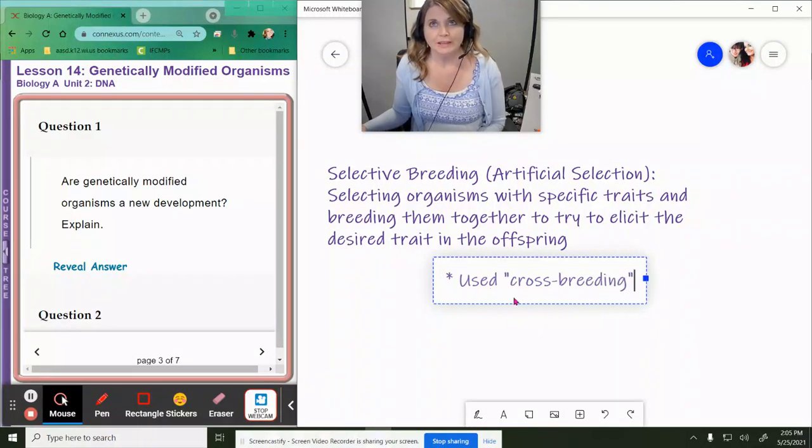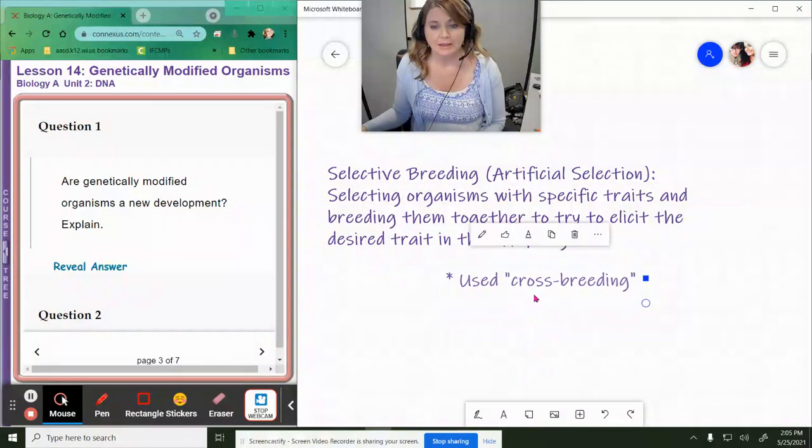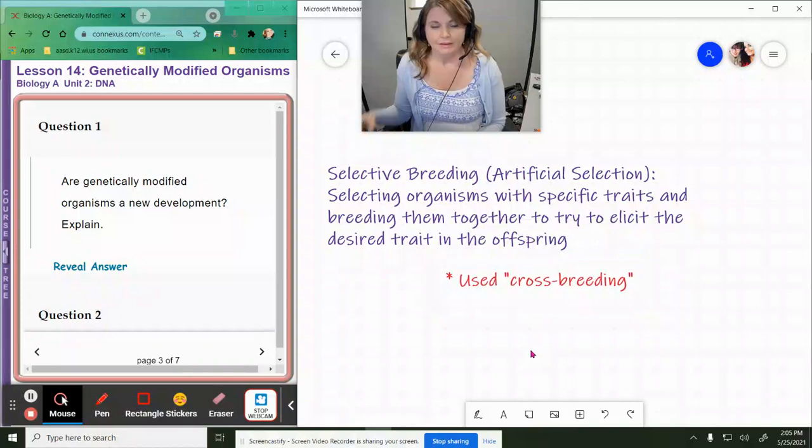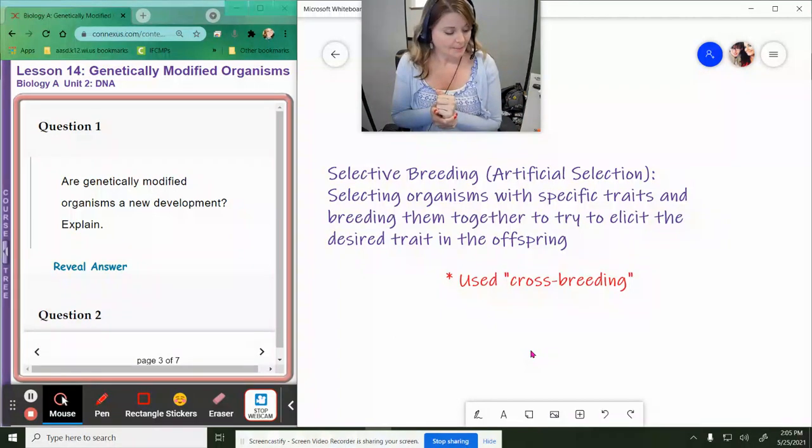Crossbreeding is basically where they take two organisms with maybe the traits that they want, and they breed them together, but it may or may not work very well. Sometimes it resulted in hybrids that were sterile, so then you couldn't keep doing it over and over again.